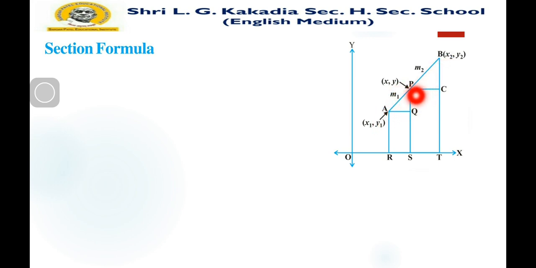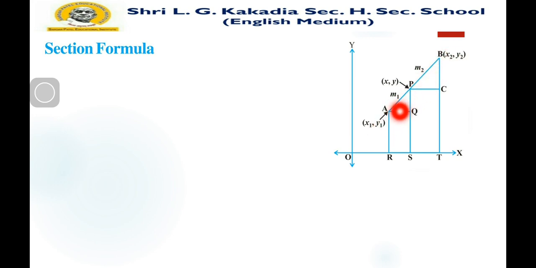So you can find that point P divides AB in some ratio. So for the part from A to P, let us say the divided part AP is m1 and PB is m2.